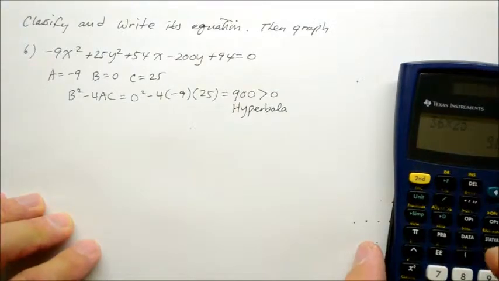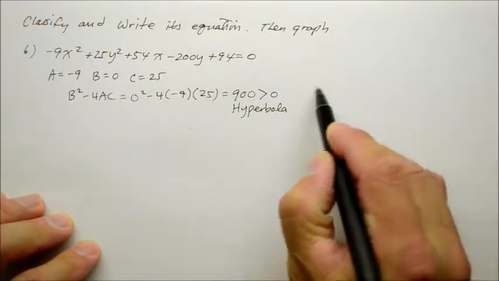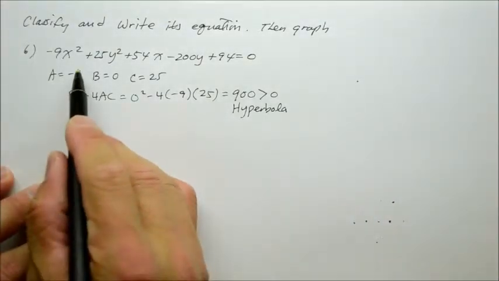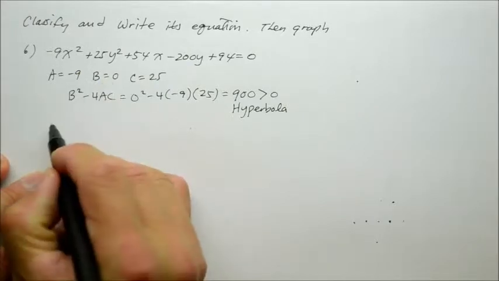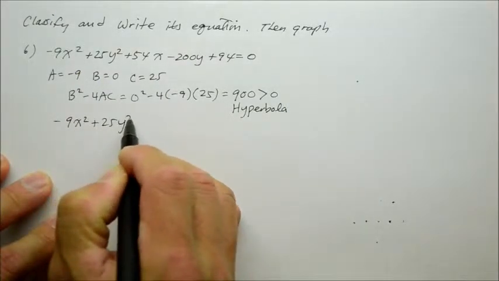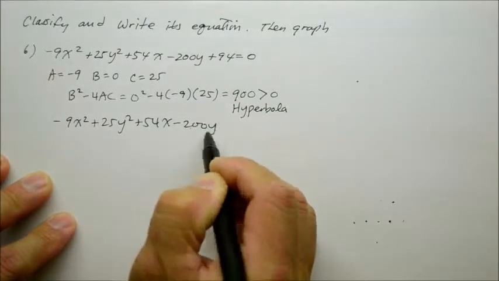Now, what kind of a hyperbola is this? Is this going to have a horizontal transverse axis, or is it going to be vertical? Let's find out. So let's make this into a standard form. Let me rewrite it over here. -9x squared plus 25y squared plus 54x minus 200y.